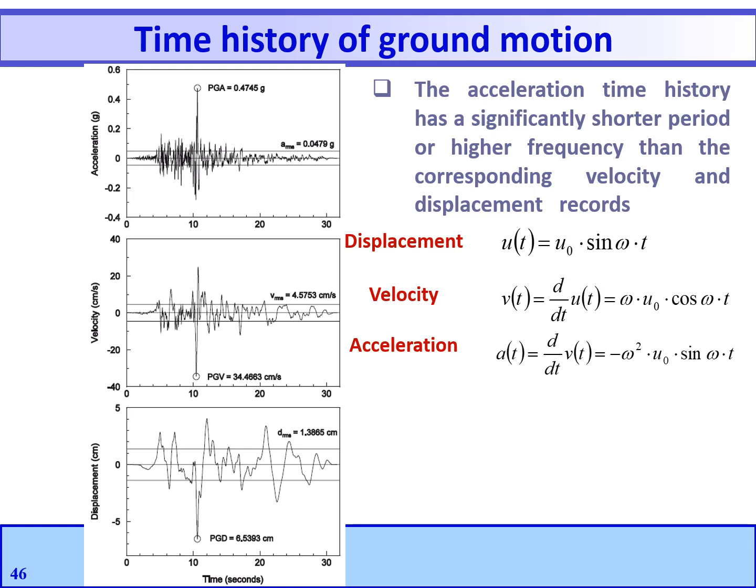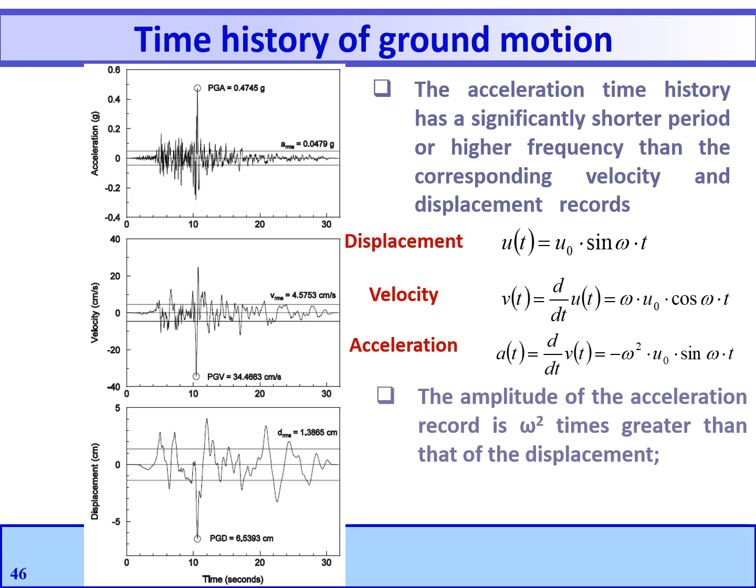We observe that the acceleration time history has a significantly shorter period or higher frequency than the corresponding velocity and displacement records, while the amplitude of the acceleration record is omega squared times greater than that of the displacement.